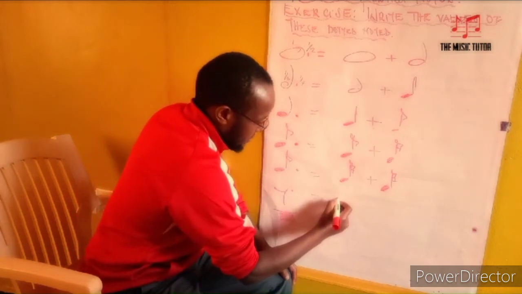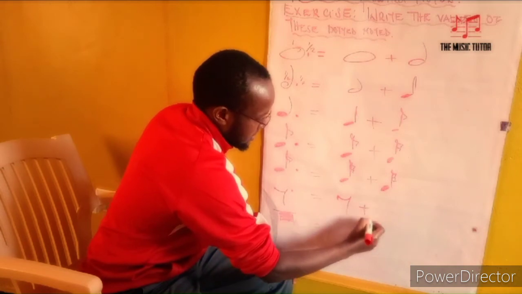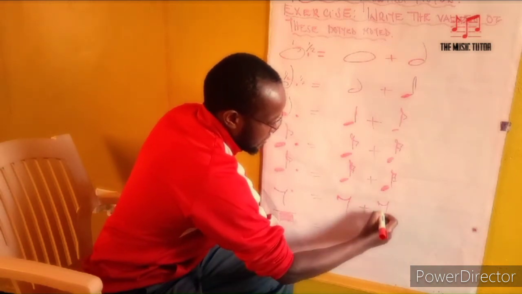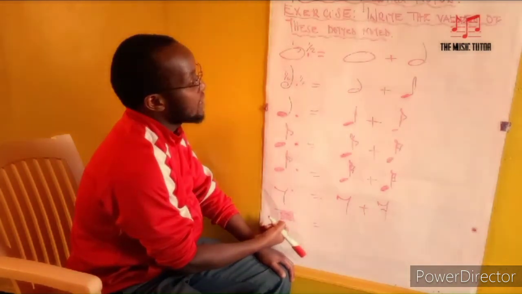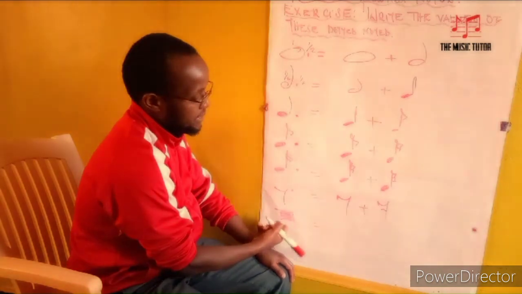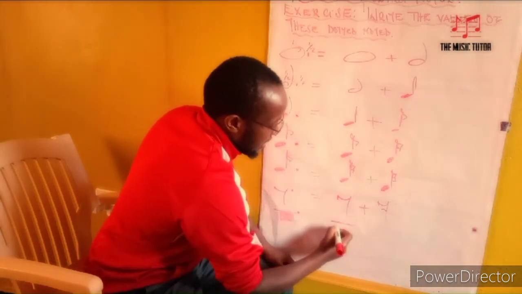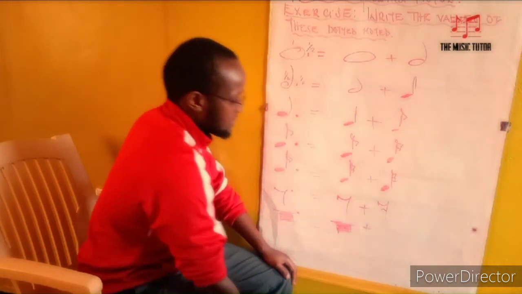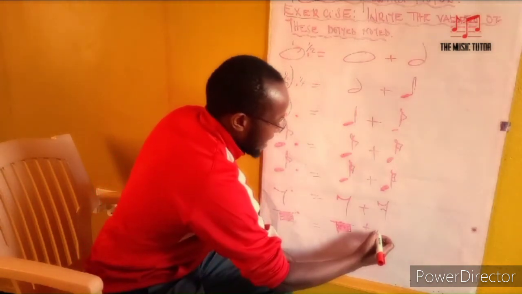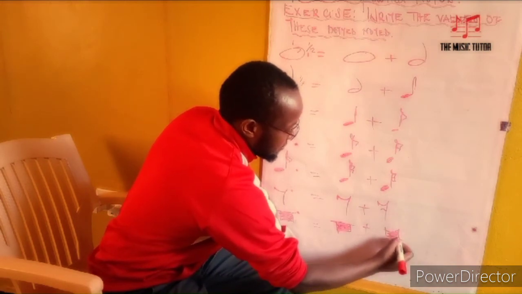So this is a quaver plus the value for rest of a semi-quaver. This is a semibreve, the rest of a semibreve. So we shall have dotted semibreve, we shall have the value of a semibreve plus half the semibreve, which should be a minim, the rest of a minim.